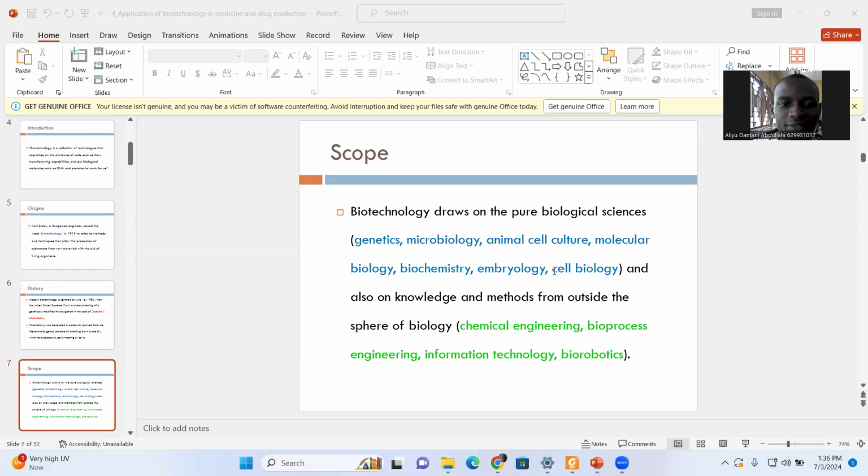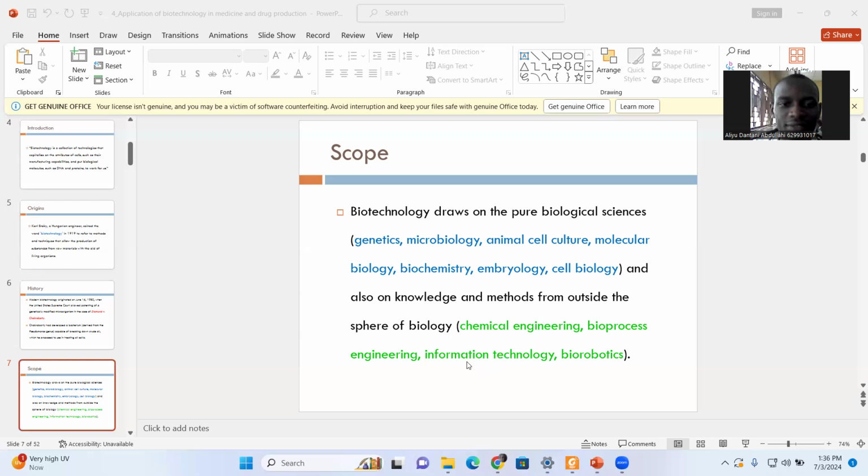And of course, like I said earlier, biotechnology is multidisciplinary. You have a conglomeration of disciplines such as genetics, microbiology, animal cell culture, molecular biology, biochemistry, embryology, cell biology, and even some engineering aspects: biorobotics, chemical engineering, and so on.